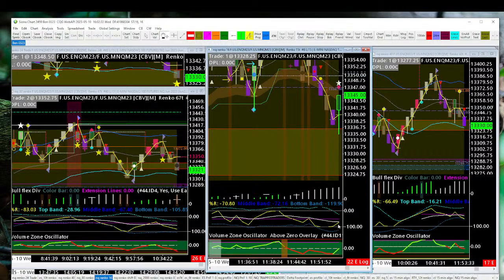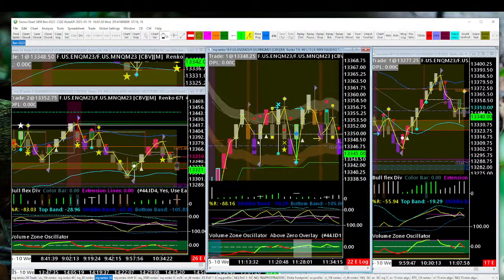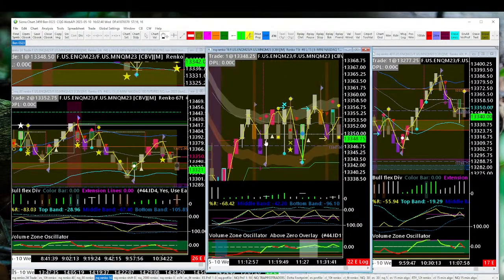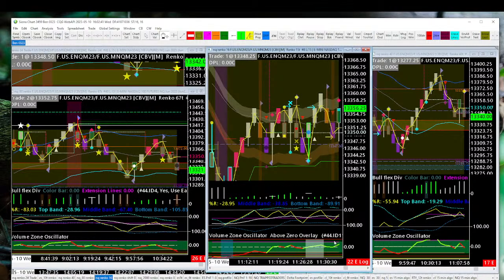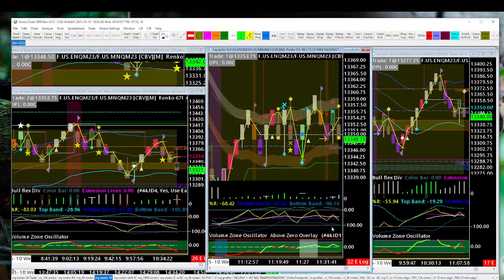If I see that the Williams percent R has not breached the moving average, or has breached it but is losing it, see how here it's breached it, but then when we're not followed by a triangle, it gives it back. You don't want to be long when it looks like this, okay?